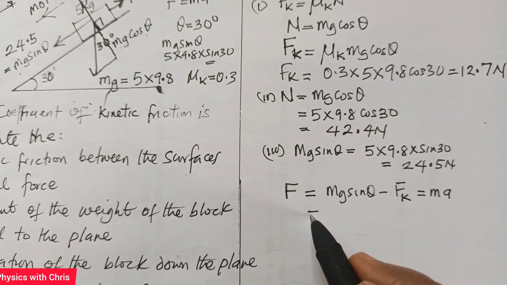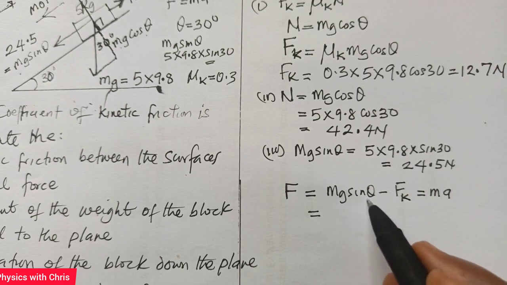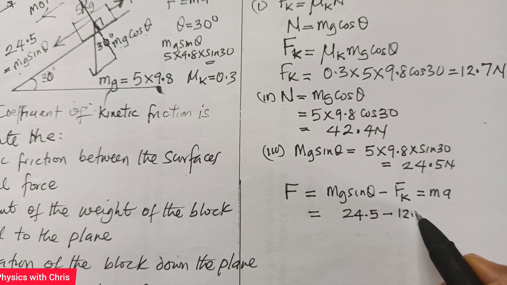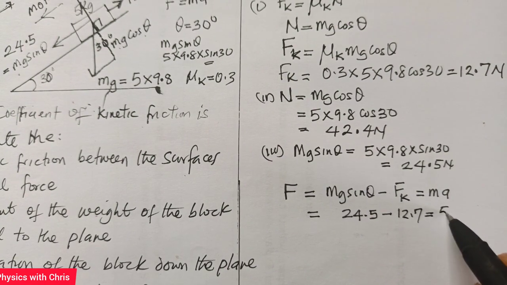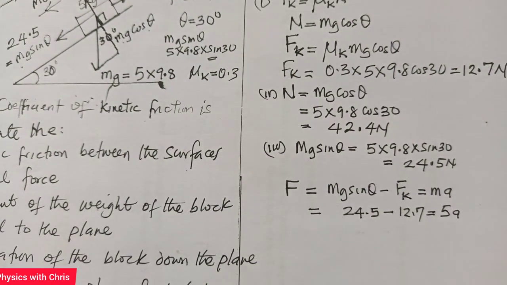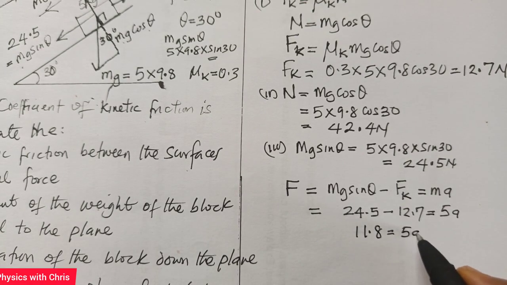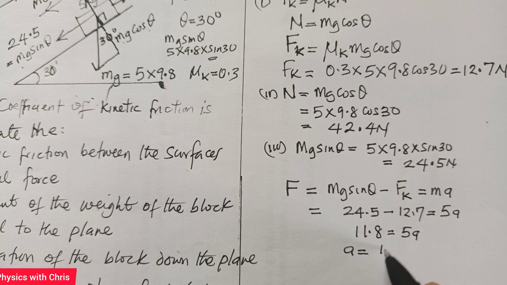So my resultant force, this is already calculated as 24.5 minus 12.7 equals the mass of the block, 5, times acceleration. So taking the difference between 24.5 and 12.7, I have here 11.8 equals 5 times acceleration. Therefore, the acceleration of the body is 11.8 divided by 5.